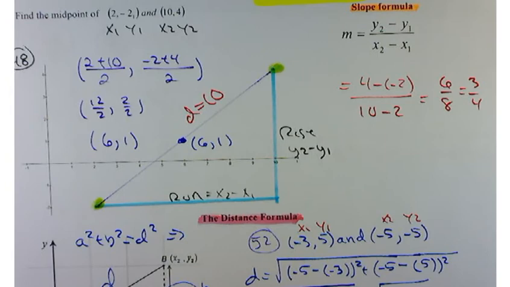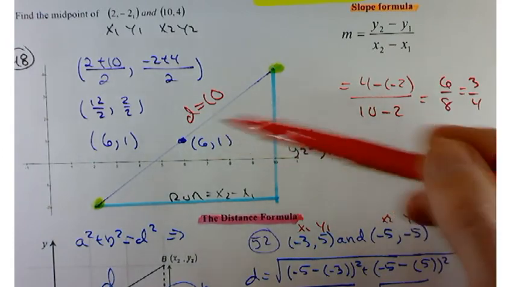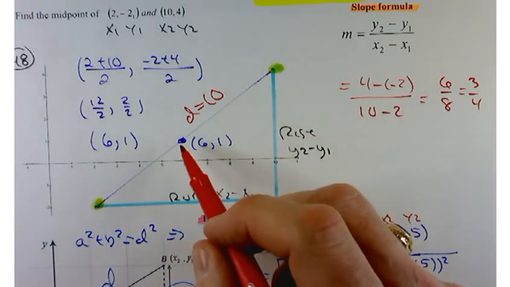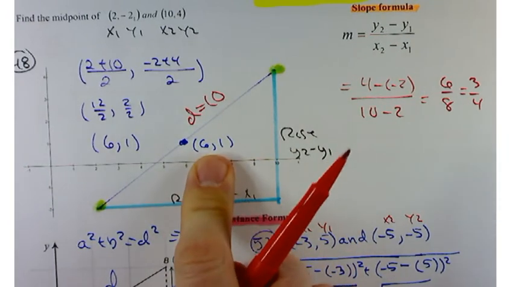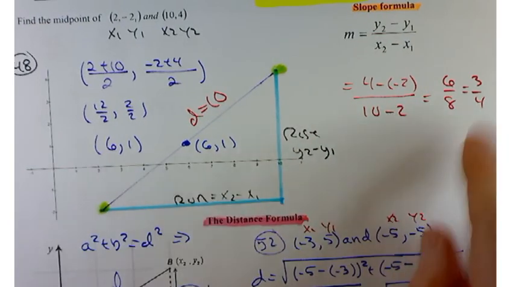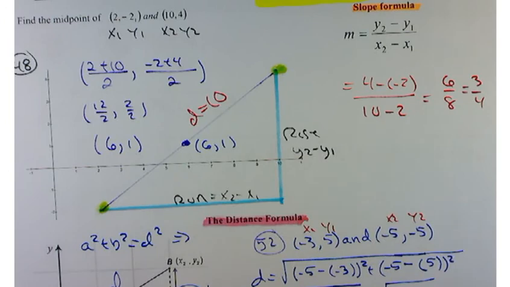So that's your slope formula. So we've got all three different types of measurements for these 2 points. We got the distance, which was 10. We got the midpoint, which was the coordinates 6 and 1. And finally, we got the slope, which was 0.75 or 3/4.